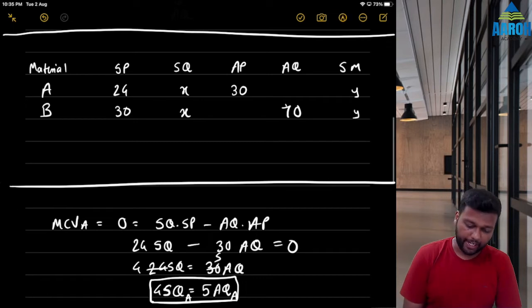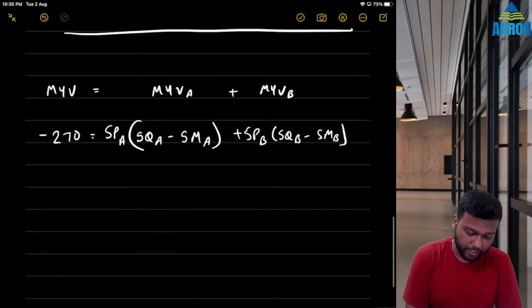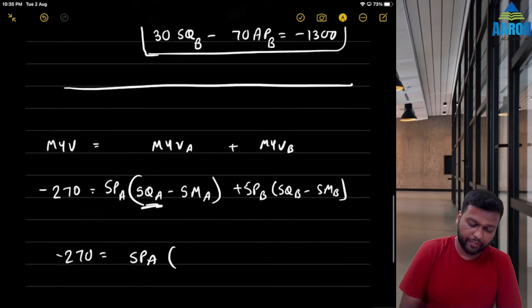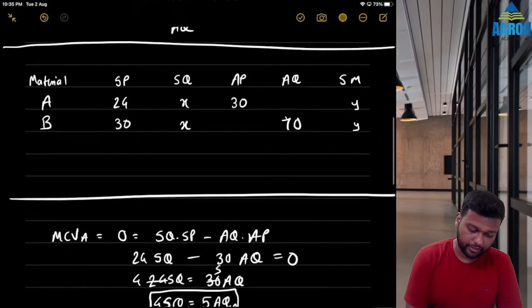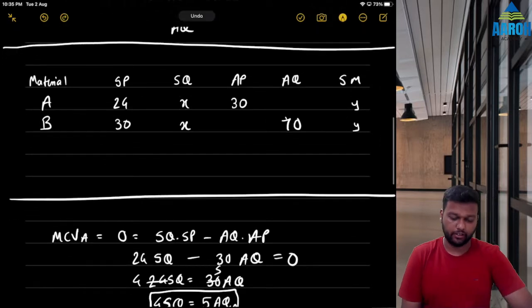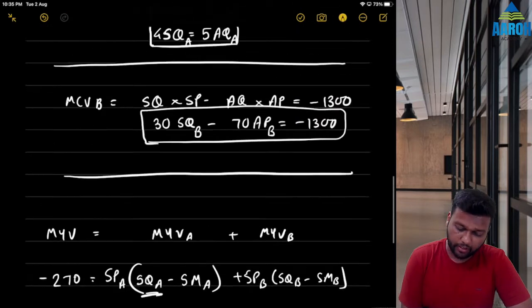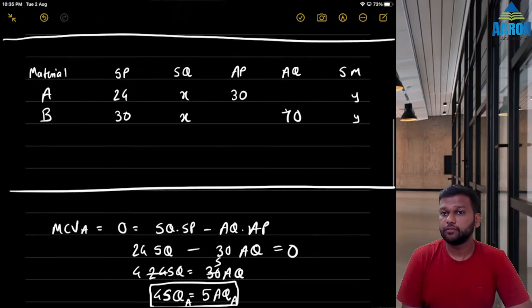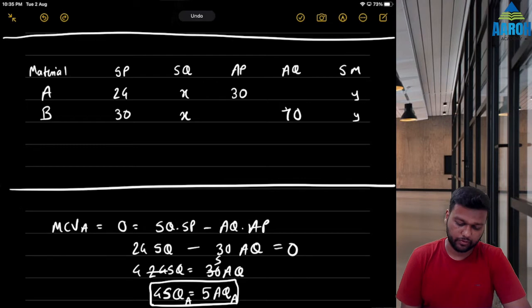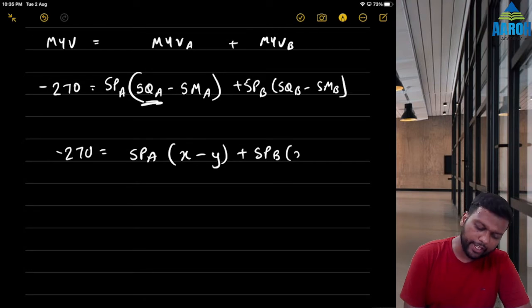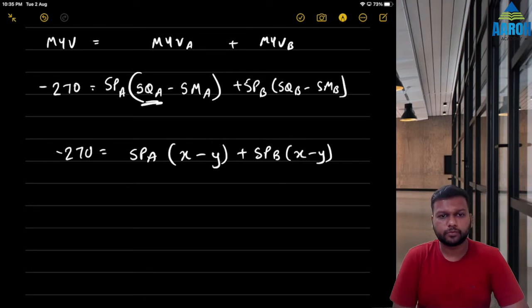If we have that, minus 270 will be SP of A into bracket. What is SQ of A? We just saw SQ of A is X, right? So X minus SM of A, which is Y, plus SP of B into again X minus Y. That's it.